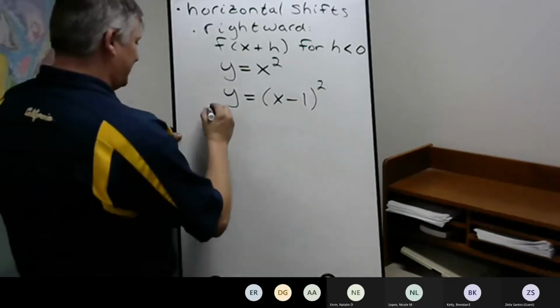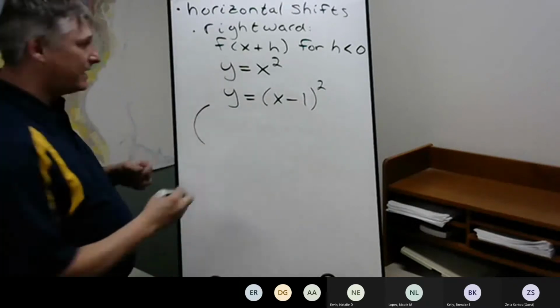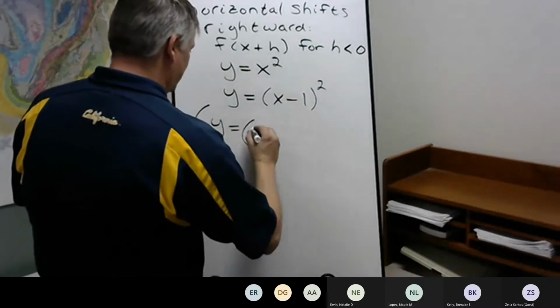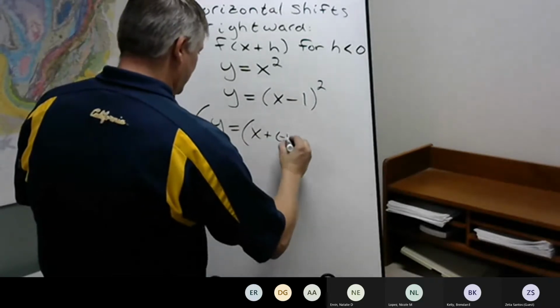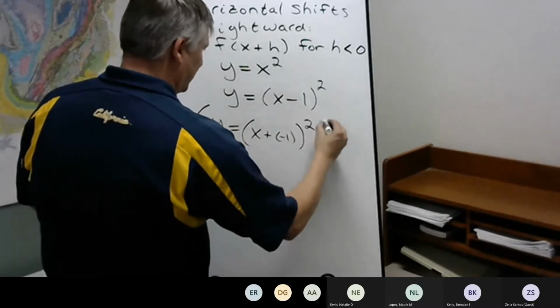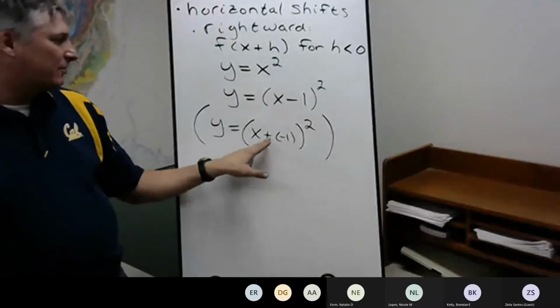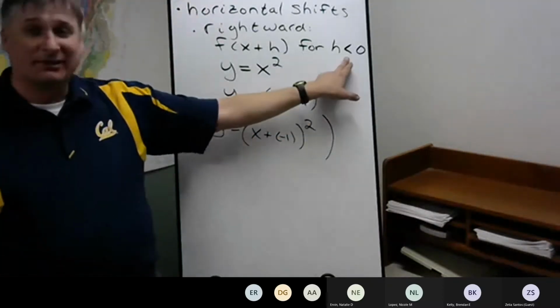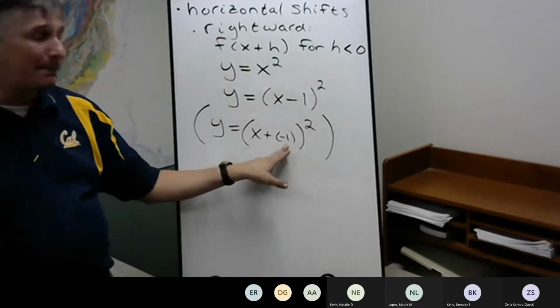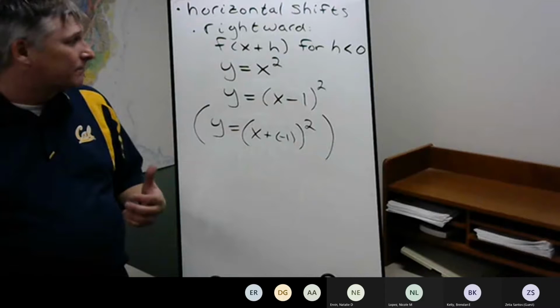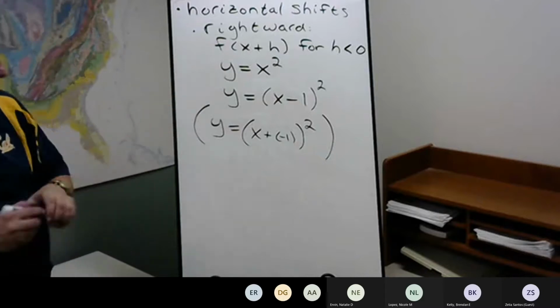So this is going to be the same, using the approach from the text, y equals x plus negative 1 squared. So here's this h. We're adding h that's less than 0. It's negative 1. So what's going to happen here? Well, let's take a look at y equals x squared.